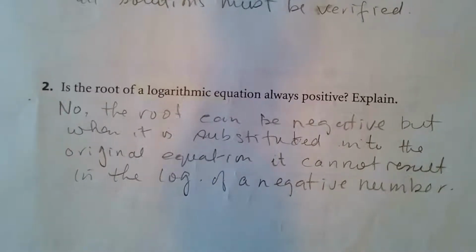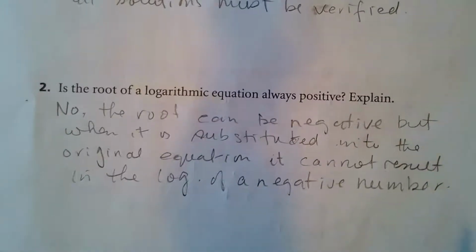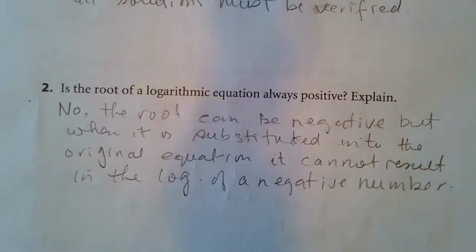Even though the root can be negative, when you substitute into the original equation, the argument will be positive. You cannot result in a negative number, in other words. We did a few examples. We'll go through a few other examples to demonstrate these two facts.